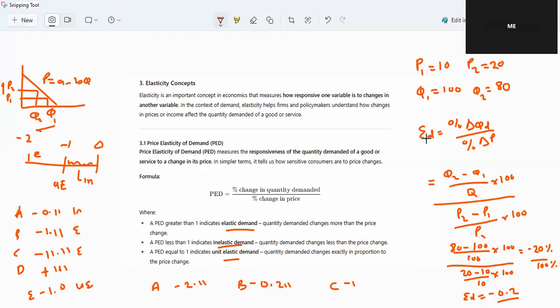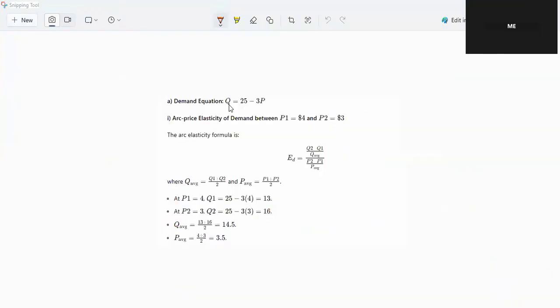So let's give an example where you're given an equation, for instance. The demand equation is Q is equal to 25 minus 3P. Find the arc price elasticity between price 1, which is $4, and price 2, which is $3.